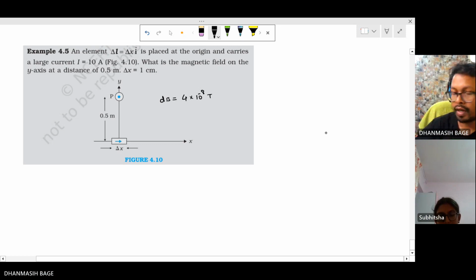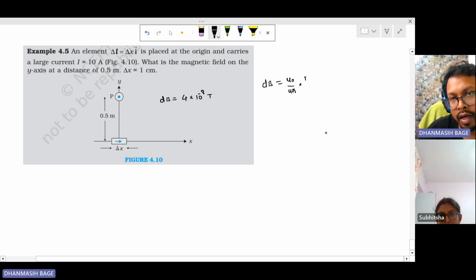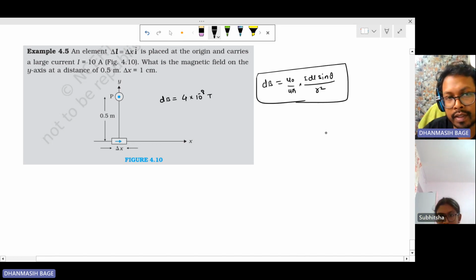Yes, sir. So I told you that for most of the cases we'll be using this expression, mu naught by 4 pi into I dl sine theta by R square. We'll be dealing with this thing.